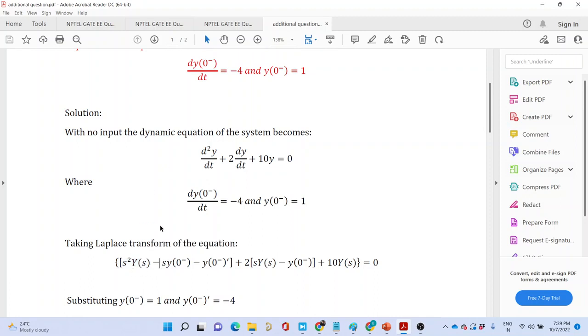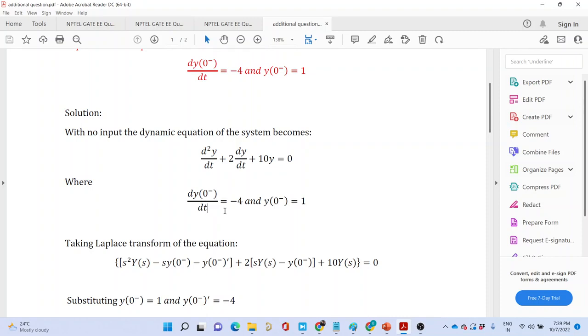S squared Y(s) would be the answer when there are no initial conditions. When there are initial conditions given, it is minus s into the initial value y of 0 minus y dash of 0, the initial condition which has been given to you. This initial y dash means the derivative dy/dt at t equal to 0 minus.